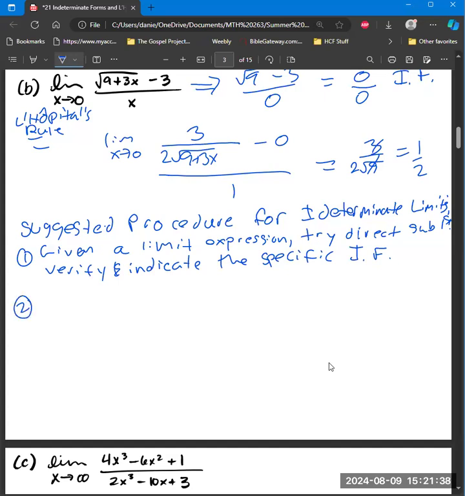Two, if you can apply L'Hopital's rule, do so.